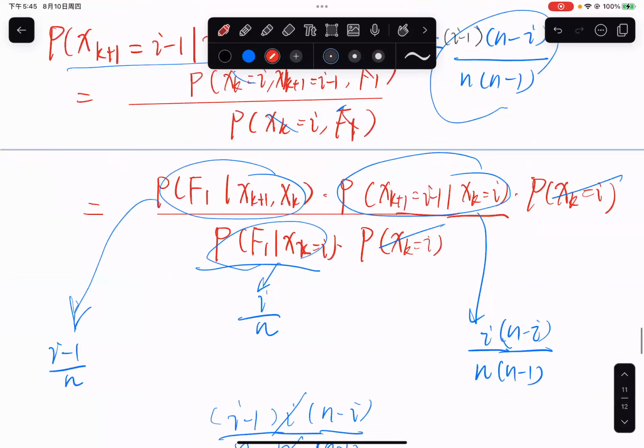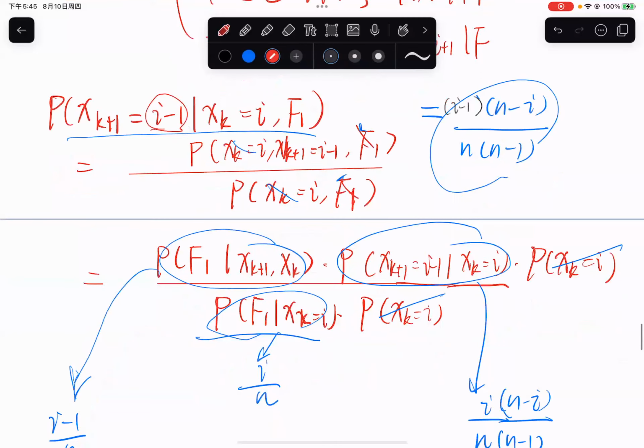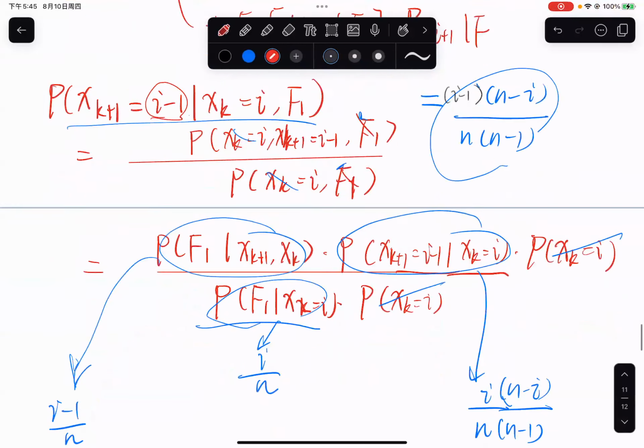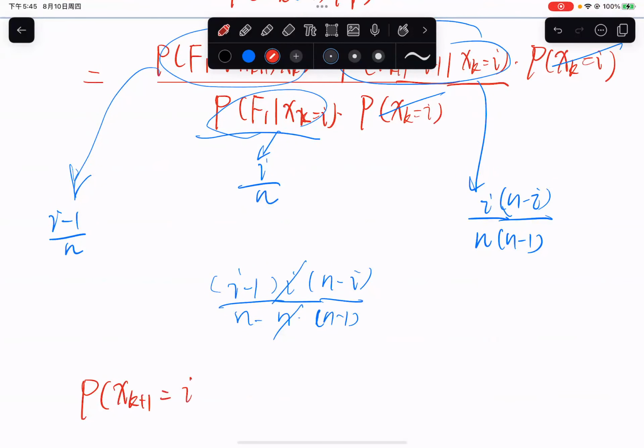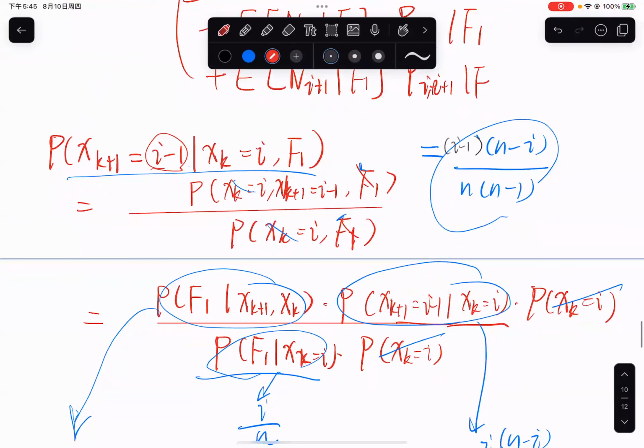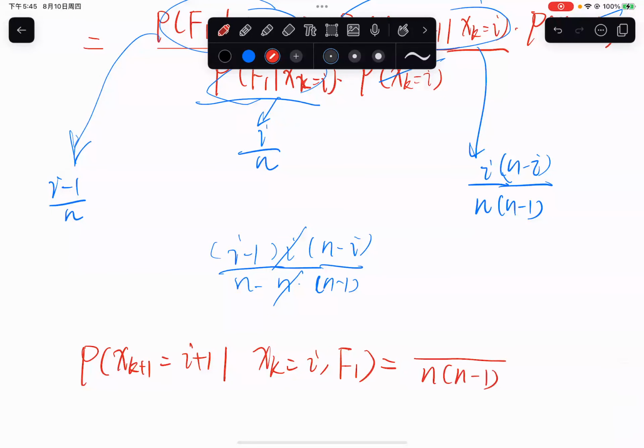And similarly, we can find the probability that x_{k+1} equal to i minus 1, right? Similarly, we can find x_{k+1} equal to i plus 1. Okay, not minus 1. Conditional on x_k equal to i and F1 is going to be just a guess. The denominator should be the same, right? n minus 1. And how about the numerator?